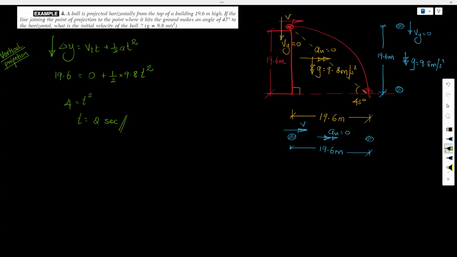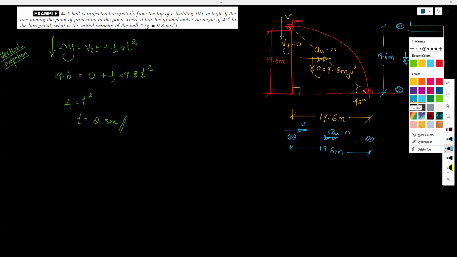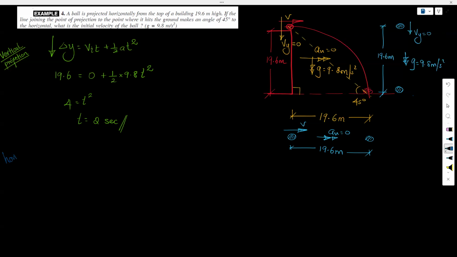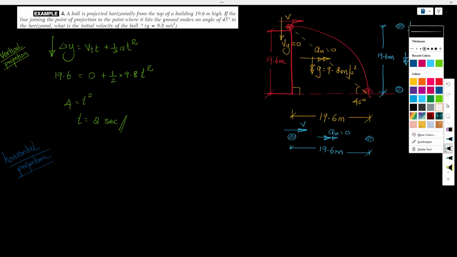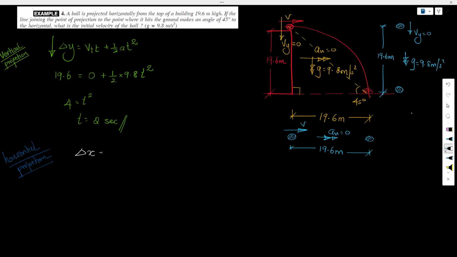Now that I know the time of flight, I can use the other component to find the velocity, right? So horizontal projection. It is going to be delta x equals to v_i t plus half a t squared.